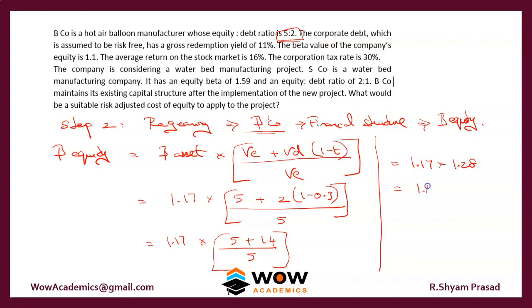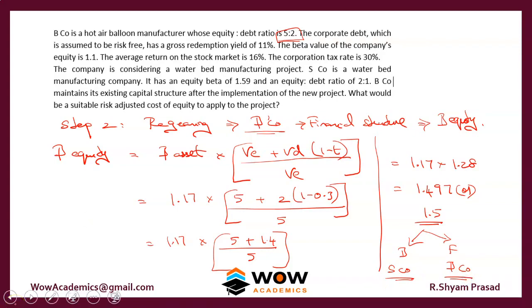So we get 1.497, or we will take it as 1.5 as the beta. So what does this beta represent? This beta represents the business risk of ESCO, and it represents the financial risk of BCO. So that's what this number represents.